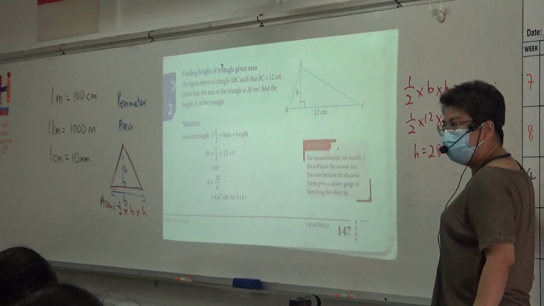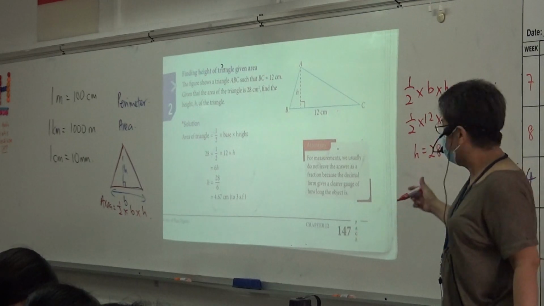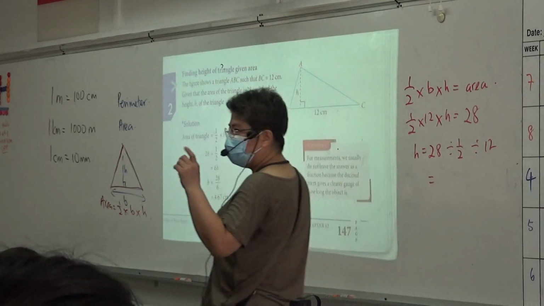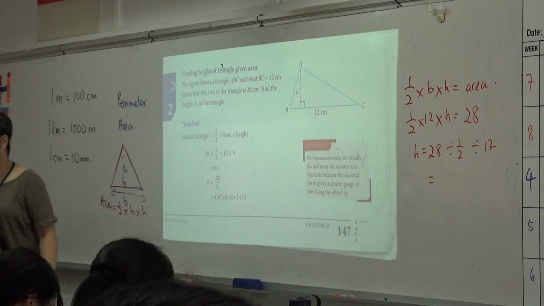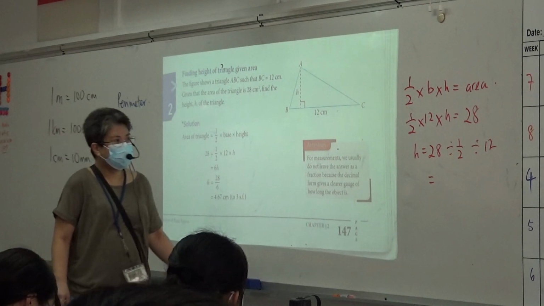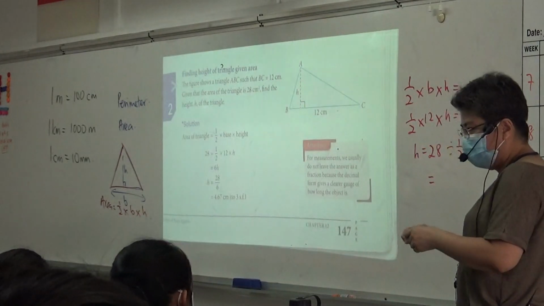Divided by what? 12, right? Remember I said everything over times we can't divide, right? Okay, all of you use your calculator. What is this answer? Because sometimes in exams, the answer will not be nice, it will be in decimal or fraction and so on, okay? Can you tell me, do you get 4 point? Okay, give me the whole string that the calculator has.